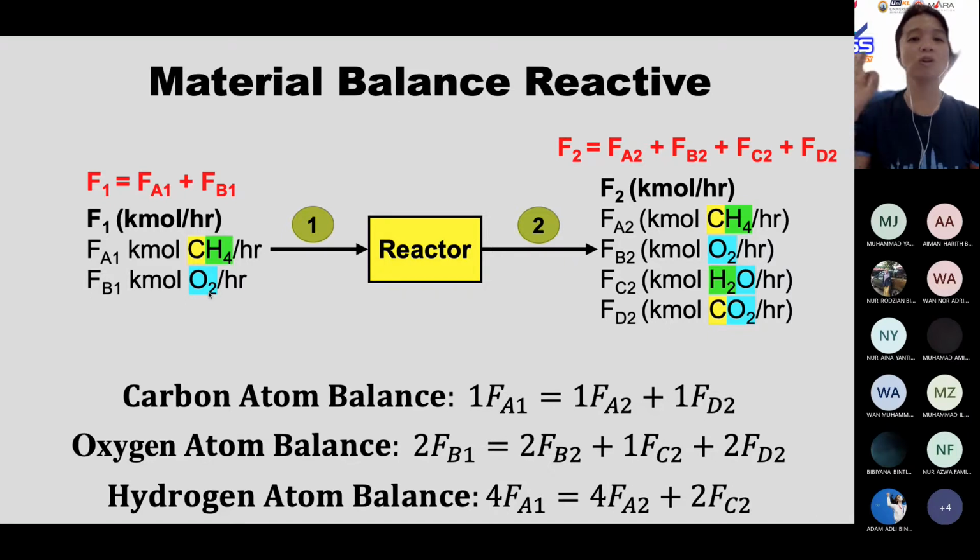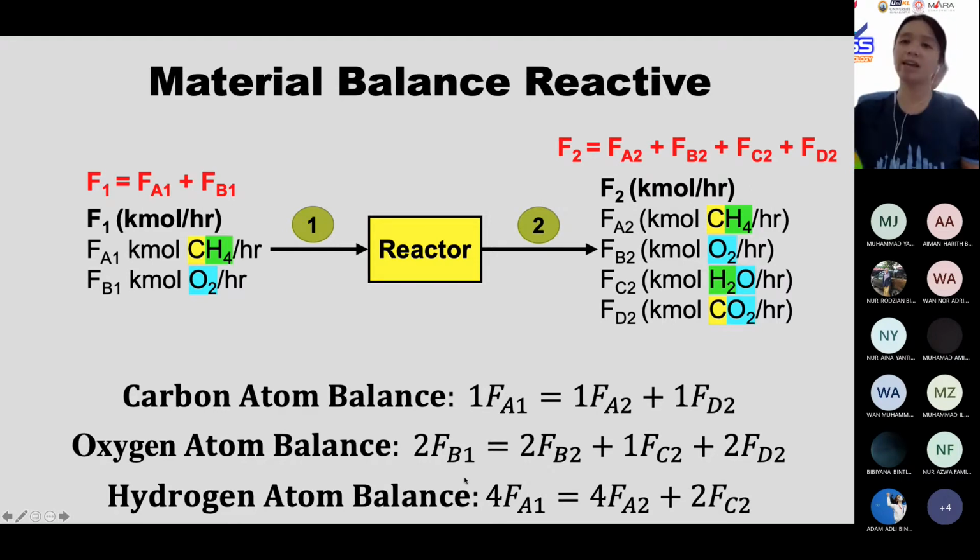So in one molecule of oxygen gas, we have 2 oxygen atoms. Right, O2? O2 is the oxygen molecule. So 2 multiplied by FB1. In other words, in one molecule of O2 I have 2 oxygen atoms. So 2 multiplied by FB1. Okay, FB1 is the oxygen.